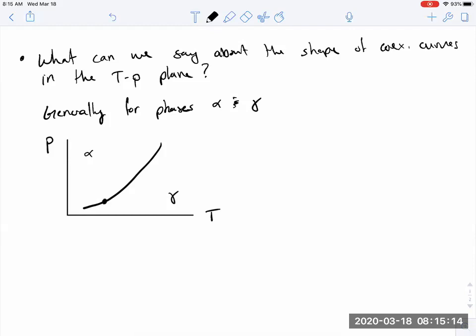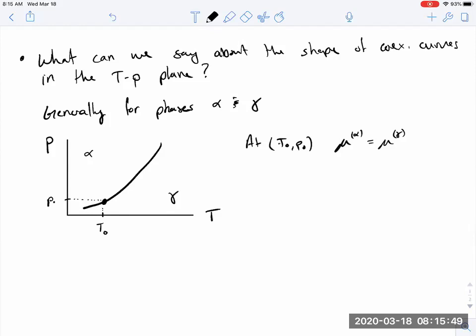Every point along this curve, say at T naught and P naught, we know something about. If it lies on that coexistence curve, it must be the case that the chemical potential of phase alpha is equal to the chemical potential of phase gamma.